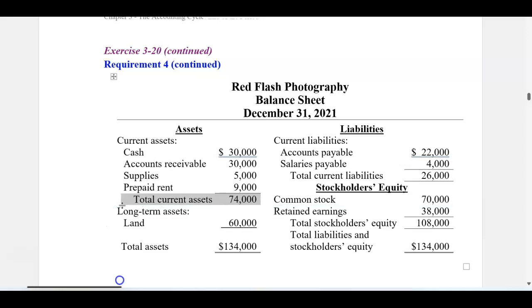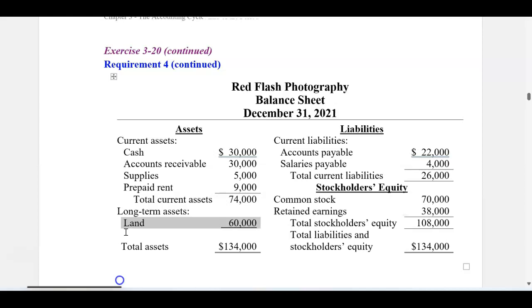After current asset, we have short-term investment, which we don't have anything in this scenario. Skip. The third part of the asset is PP&E, property, plant, and equipment, which in this case is land. And that's all the assets we have. After property, plant, and equipment, you have intangible assets, and then other assets.